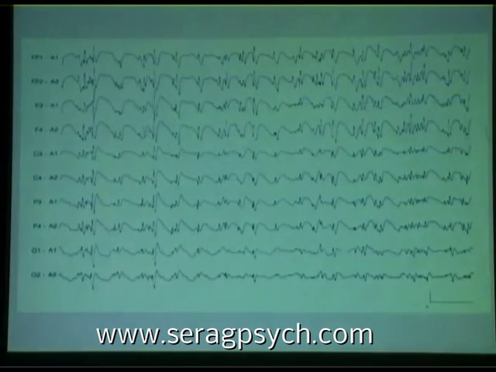Next, please. And if you have an old man who lives alone and comes in, looks like he has Alzheimer's disease or something like it, about 3 times in 10 years, it's not common, you're going to see this on an EEG. And the old man is not in Alzheimer's disease, he's in absence status.